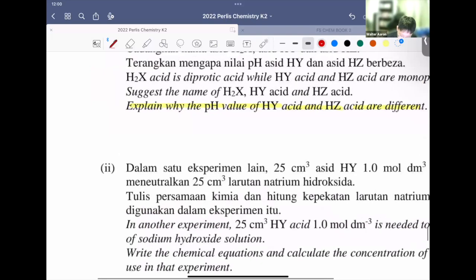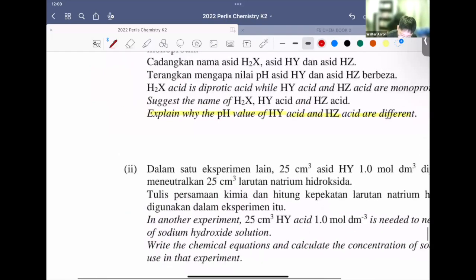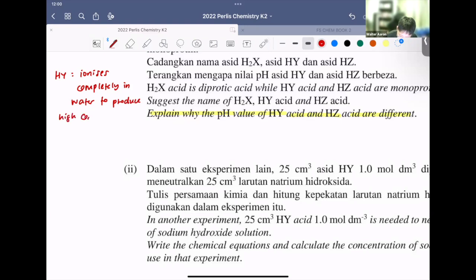So for HY you can put here: ionizes completely in water to produce high concentration of H+ ions.